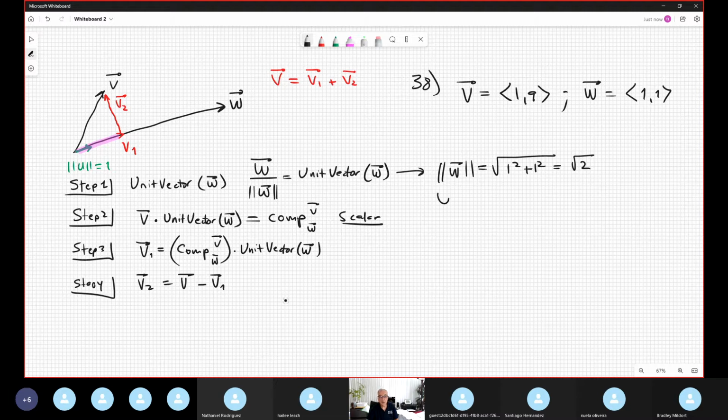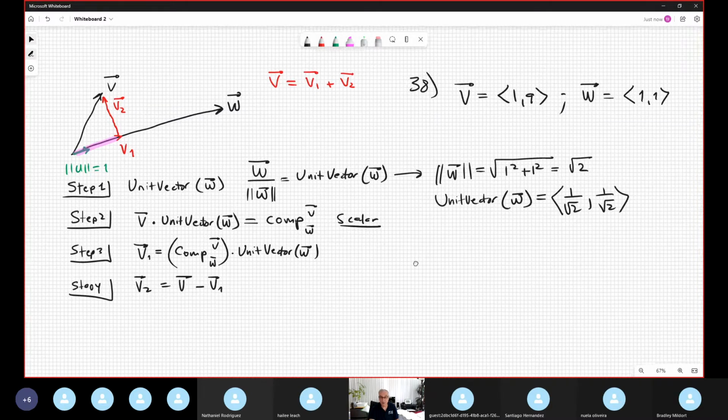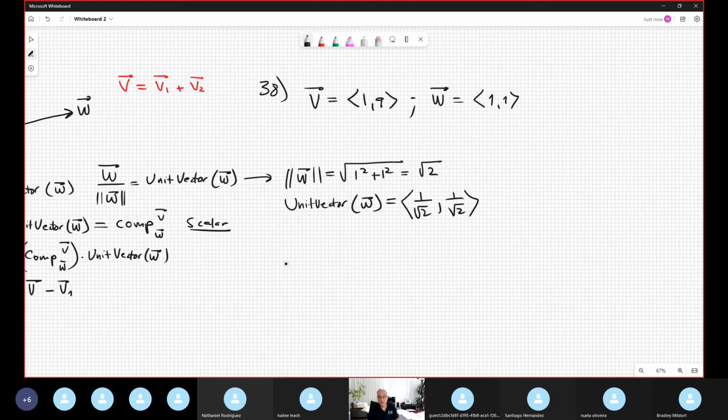You find the unit vector in the direction W by taking W and dividing by that. So you put 1 over radical 2, comma, 1 over radical 2. You divide each component by radical 2. Leave it like that, or either way, it doesn't matter, you can rationalize and get radical 2 over 2, comma, radical 2 over 2.